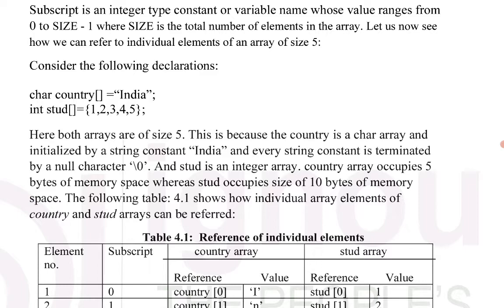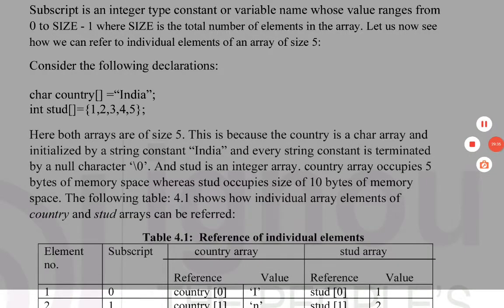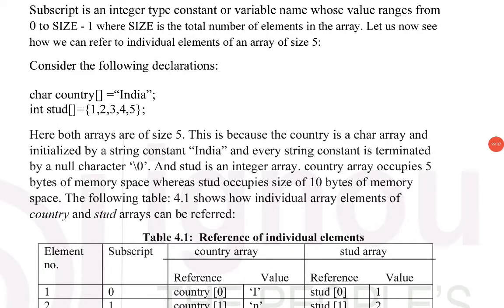Another important point: what is a string? A string is nothing but a collection of characters stored one after another in an array, and every string has a string terminator.